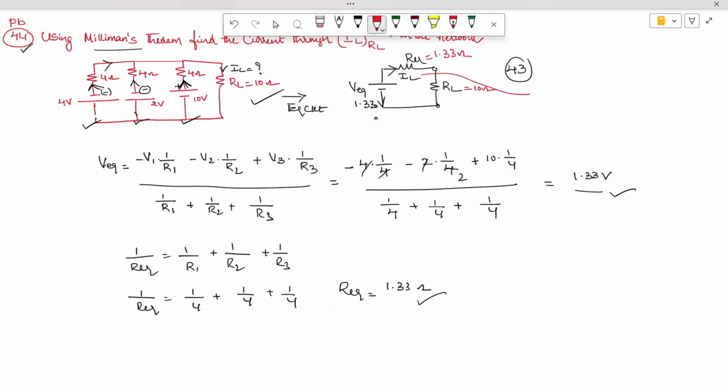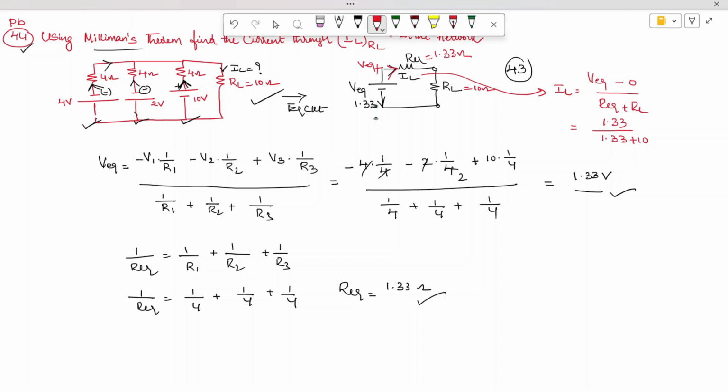So how do we write the current IL? Current IL is equal to V equivalent, the leaving polarity of the voltage, minus 0, divided by R equivalent plus RL. So V equivalent is 1.33 divided by R equivalent 1.33 plus 10.